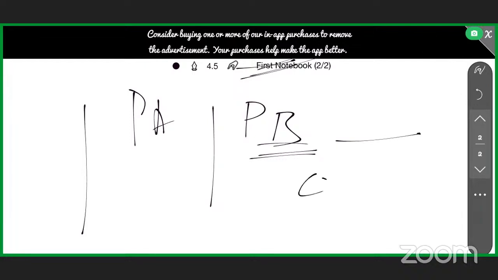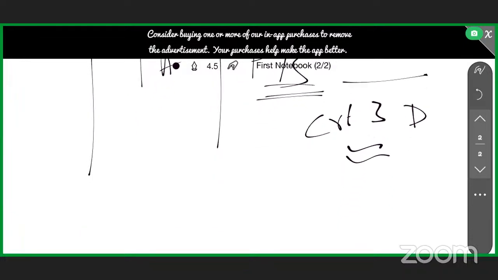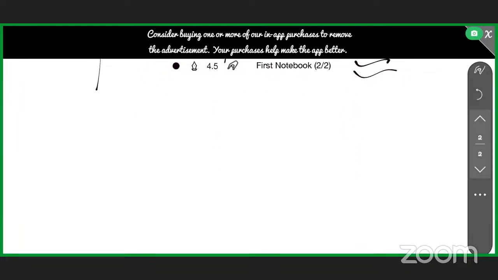Sometimes they say correct to 3 decimal points, so use 3 decimal points, or sometimes approximate. All these things will come when you do problems in algebra, statistics, probability, and so on. In probability we use a lot of correct to 3 decimal points, correct to 2 decimal points.